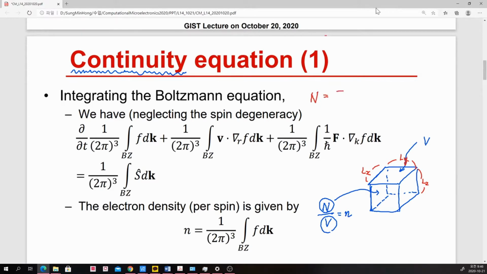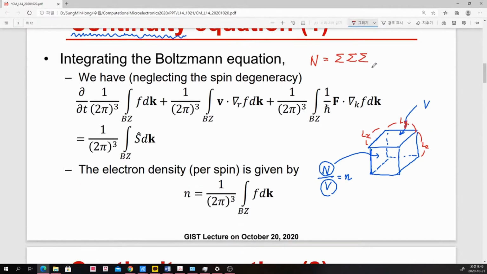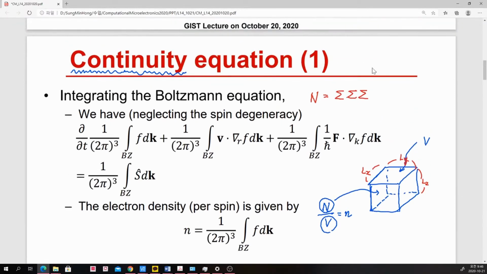We have to make a triple summation over quantum numbers I, J, and K, and we have to, for example, have the distribution function D. Yes, that is required, because this triple summation just counts the number of available states, and each state has its own occupancy.